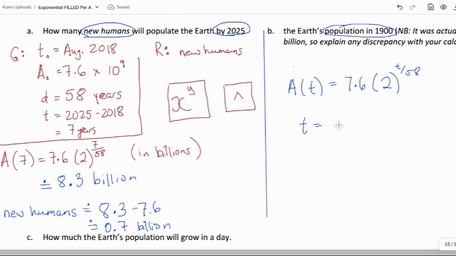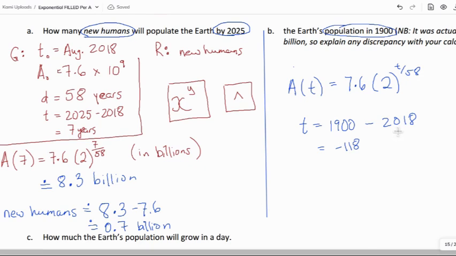So what I'm doing is I'm saying, all right, let's do the time that we're asked for minus the initial time, just like we did in the first question. And I get that the time elapsed is negative 118. In this case, this is like a vector.